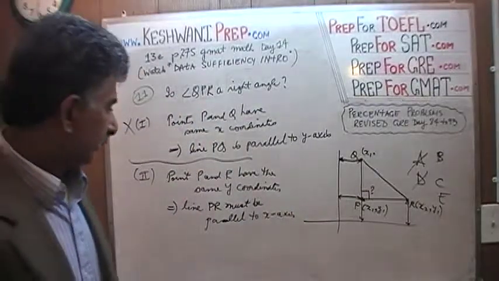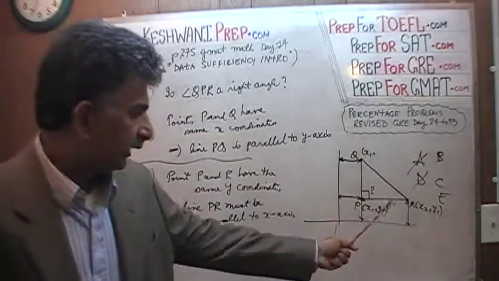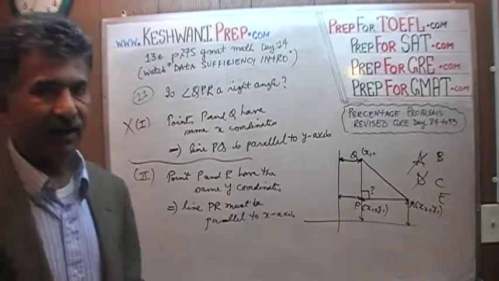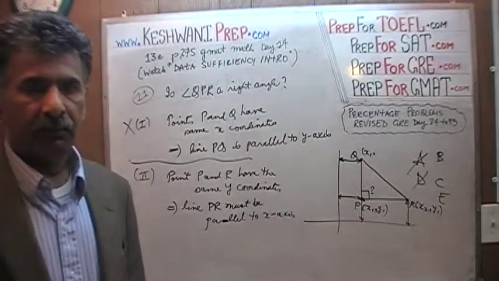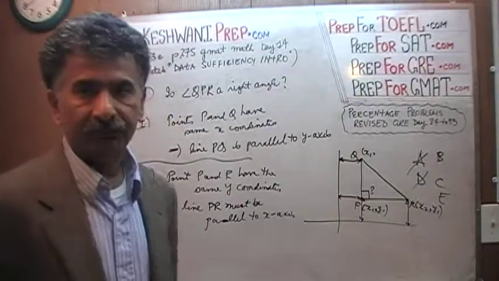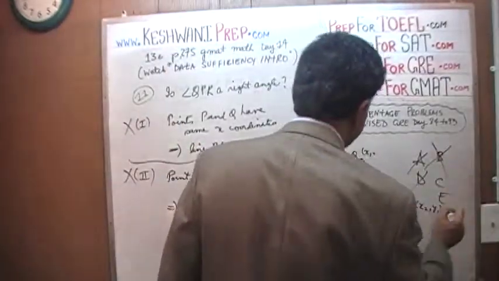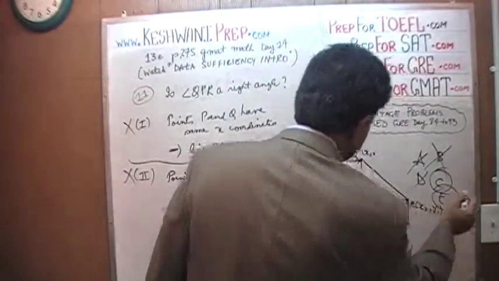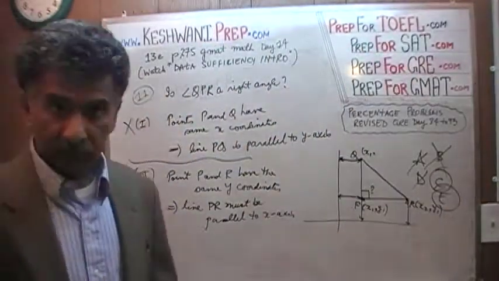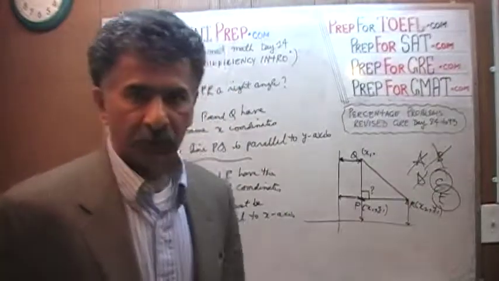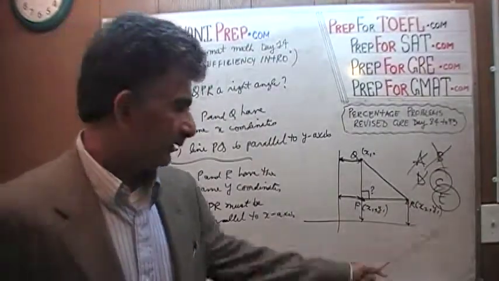It does not answer by itself whether or not this angle is 90 degrees, which means the answer cannot be B. The answer has got to be either C or E. If putting them together does the job, then the answer would be C. If putting them together does not get us anywhere, then the answer would be E.